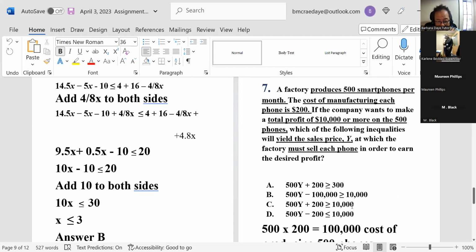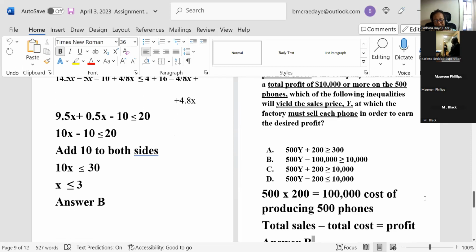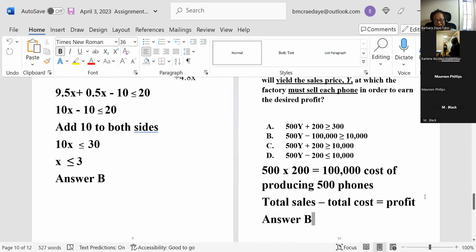But C doesn't have the total that you sold them for minus what it costs to make them. You've got to subtract your cost of making those 500 phones from what you made selling those 500 phones. No, Mercedes, B was correct.